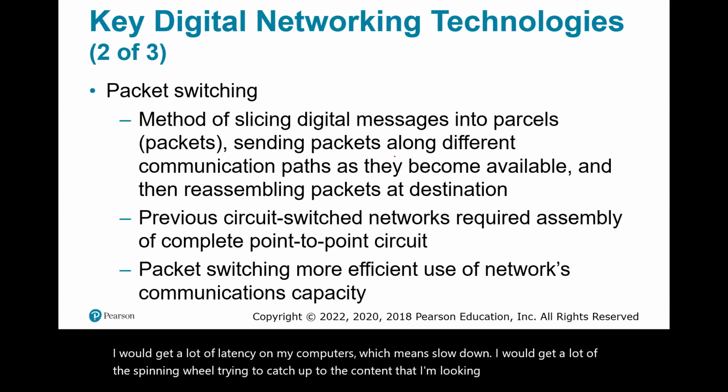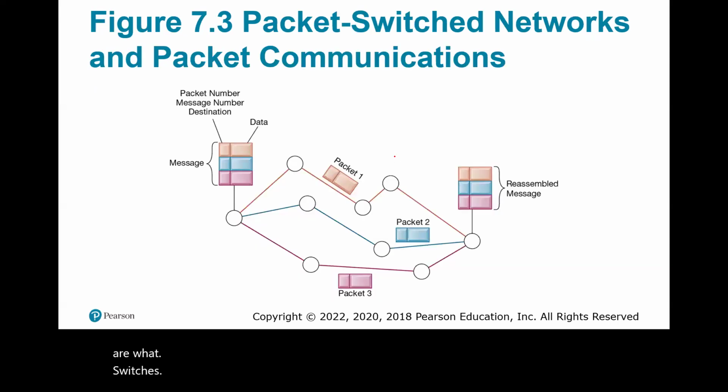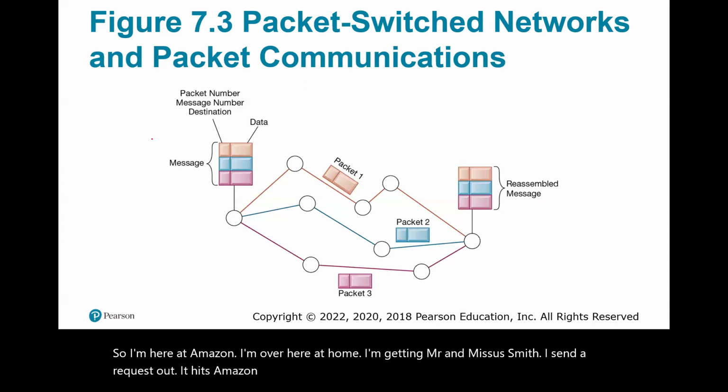But instead, what Amazon does is send me the video piece by piece. And putting back those pieces is what switches do. Kind of like we see here. So I'm here at Amazon. I'm over here at home. I'm getting Mr. and Mrs. Smith. I send the request out. It hits Amazon's web server, then their video content server through their AWS, or Amazon Web Services, cloud.